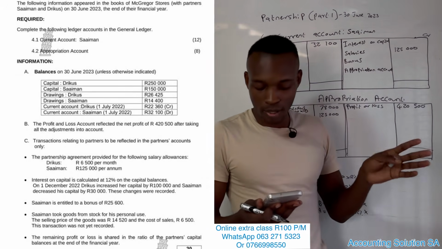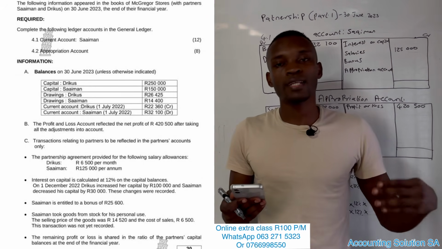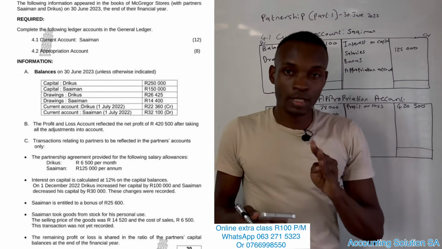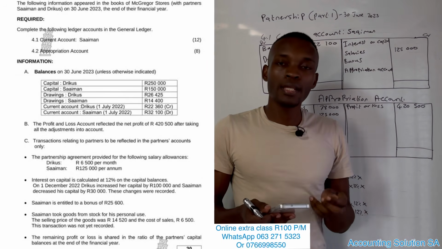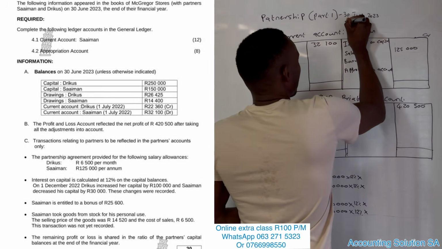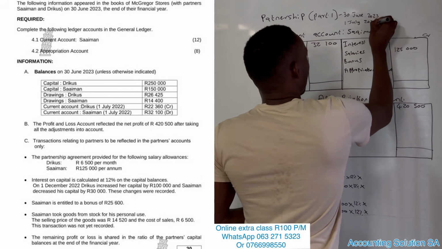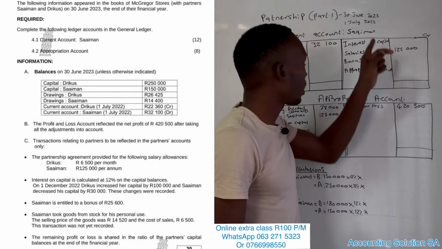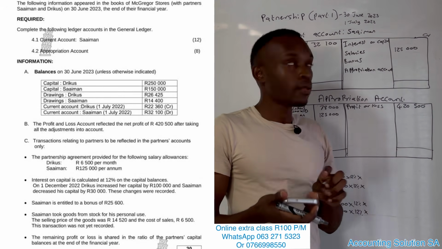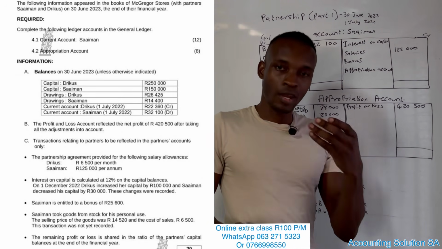I was thinking about the other question paper, where the financial year ends in February, but this one is ending in June. We count from 1 July 2022: July, August, September, October, November.